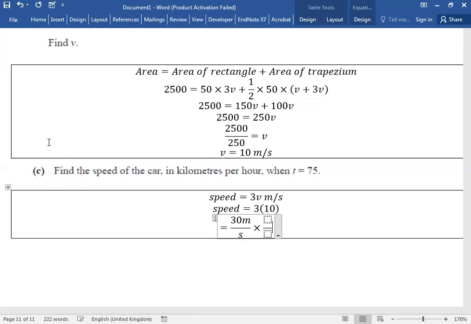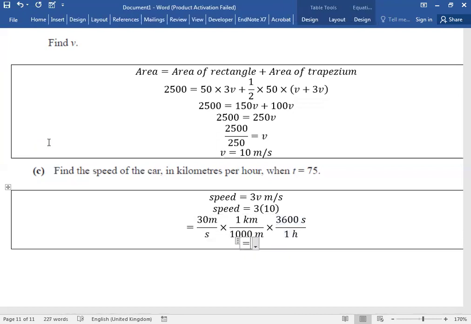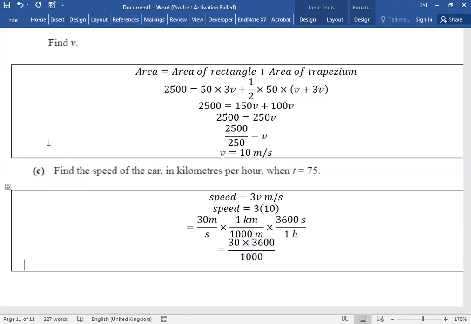Now I want to convert meters into kilometers. Meters नीचे, kilometers ऊपर. 1 kilometer is 1000 meters. And again multiply seconds ऊपर, नीचे hours. 1 hour is 3600 seconds. So what will you do? 30 into 3600 divided by 1000.